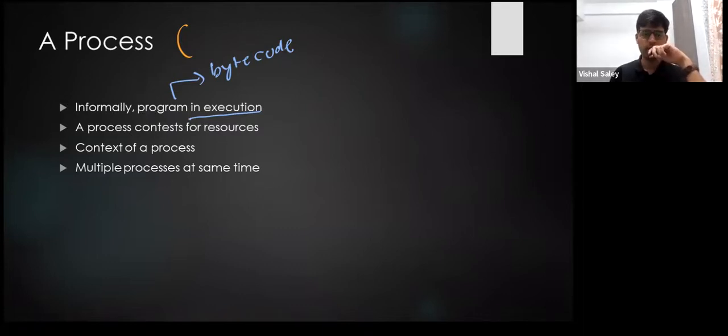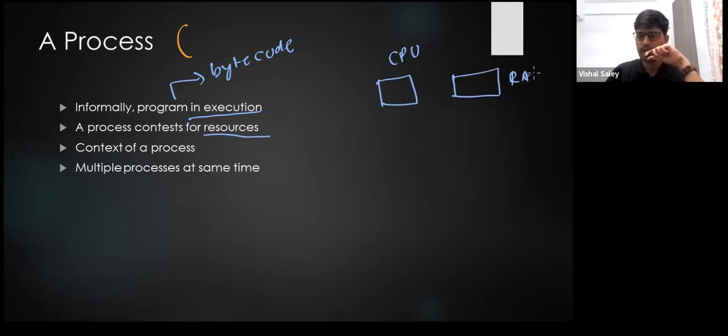So in our case, what we can say for sure is it's a process if it contests for resources, right? So what do we mean by contest? We have CPU, and we have RAM, and we again have IO, whatever, right? So multiple resources are there, and a process is a program which contests for all these resources. It basically wants CPU to run, it wants RAM for its execution. It might want IO also, right?